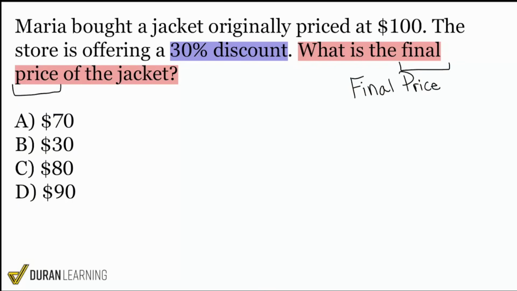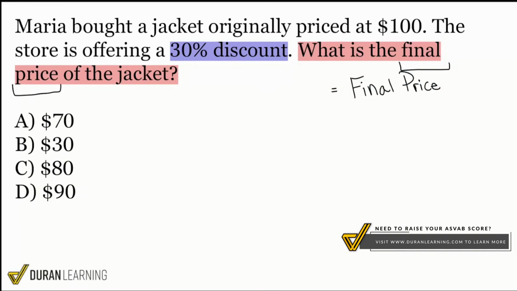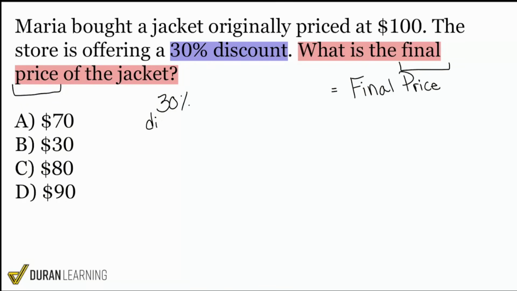Now, my party people, when you think about it, if we're trying to find that final price, are we going to be plugging in the 30%? Is that going to get us the final answer? Correct. It will not give us the final answer. If we plugged in the 30% discount, the number that we actually get when we calculate is not the final price.